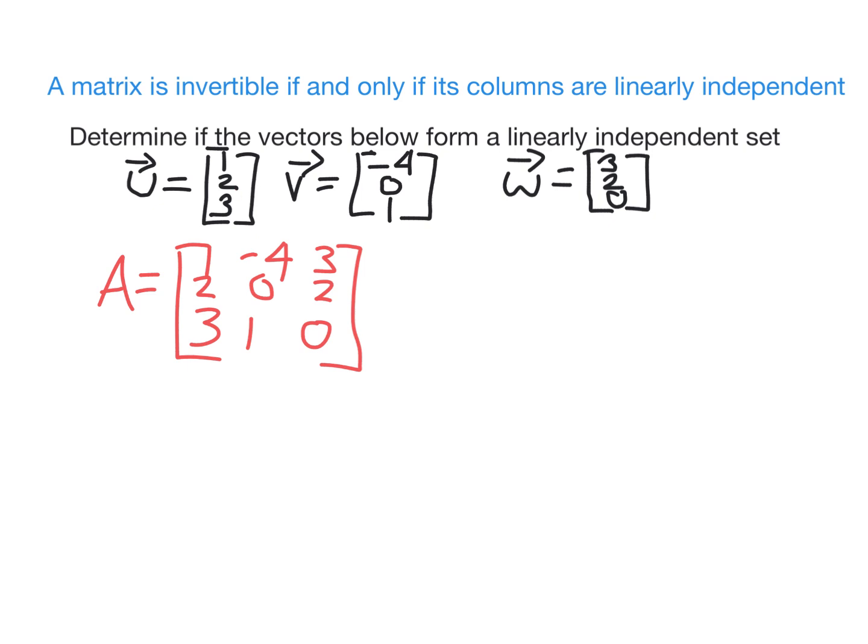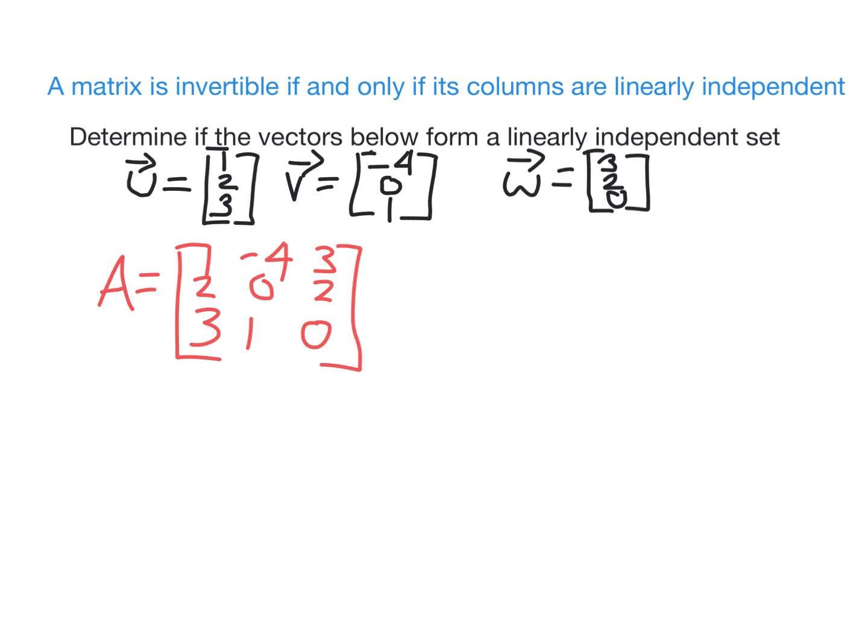Well, these 3 will form a linearly independent set if and only if this matrix is invertible, and that occurs if and only if its determinant is not 0. So we're going to calculate the determinant of this matrix. If it's 0, then the matrix is singular, and this set is not linearly independent. It is linearly dependent.